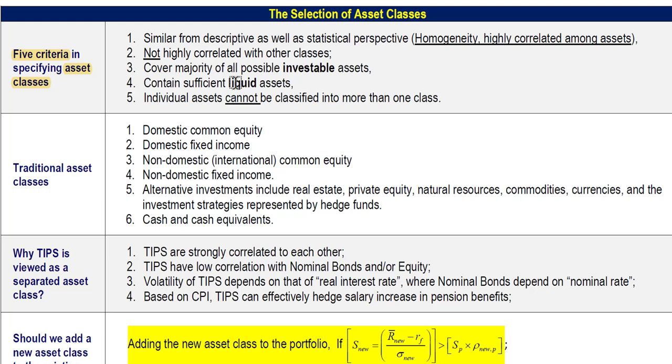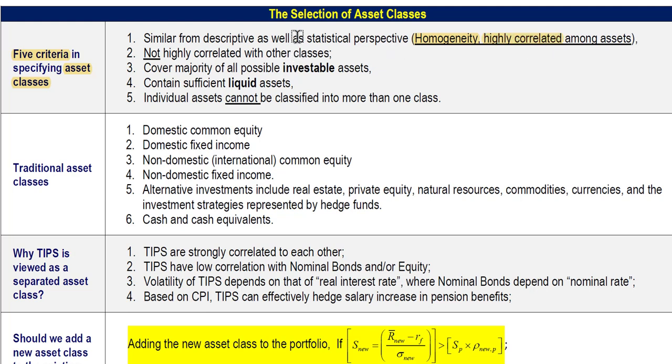The first is that the assets inside the class have to be subject to homogeneity. The homogeneous characteristic of all those individual assets in the class have to hold. In other words, they are very similar to each other. Statistically, we are able to do that by selecting for high correlation, so those assets are highly correlated.